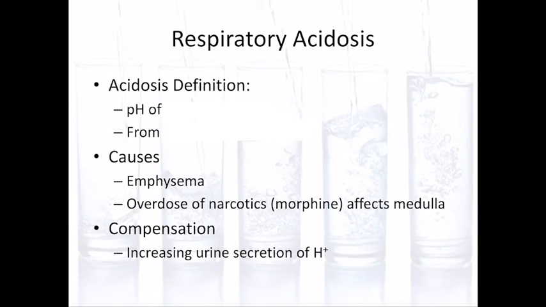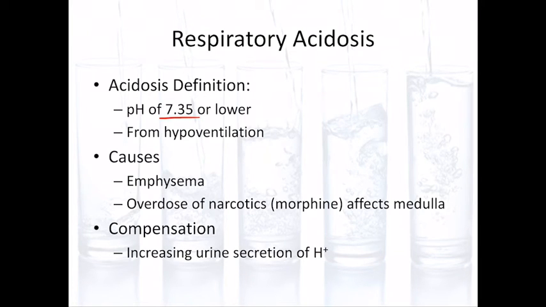So now we're going to walk through a few examples of really 4 different things: respiratory acidosis, respiratory alkalosis, and then we'll talk about metabolic acidosis and metabolic alkalosis. So it's important that you understand the definition of all 4 of these, the causes, and then how the body compensates for these. Okay, so the definition of acidosis is a pH of 7.35 or lower.